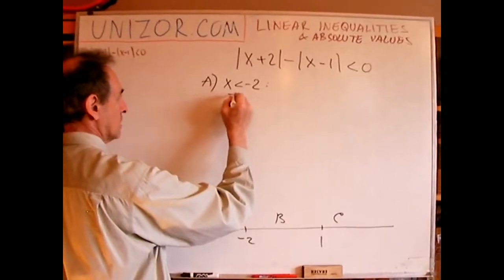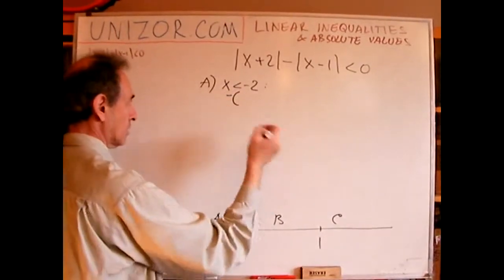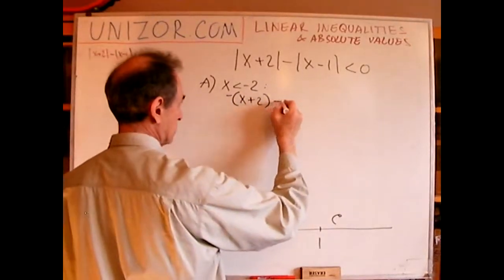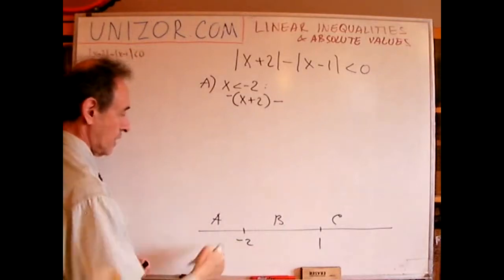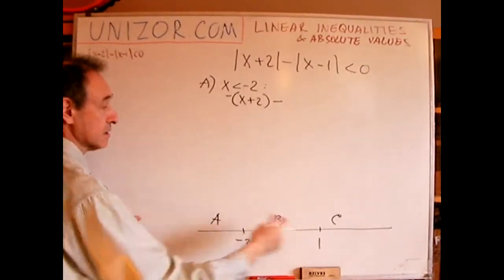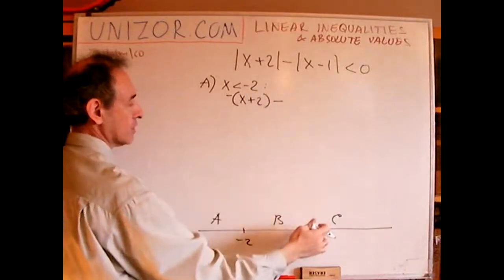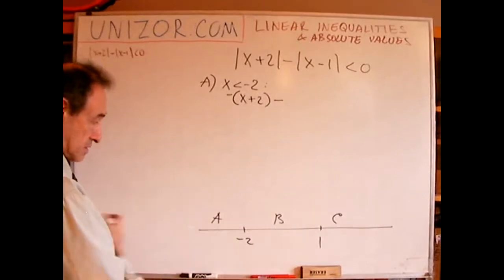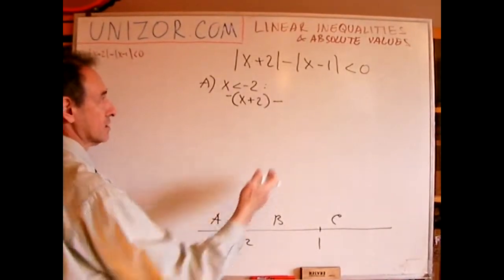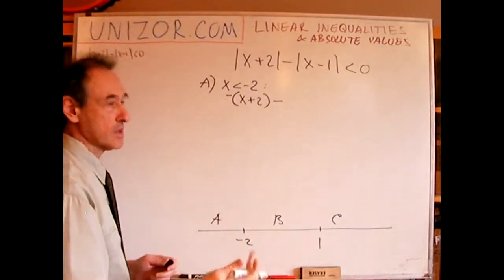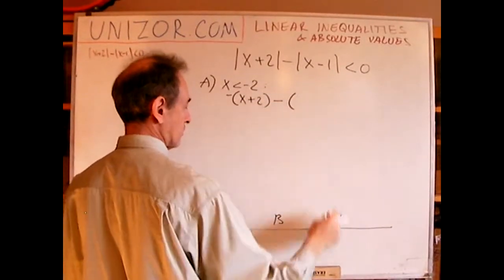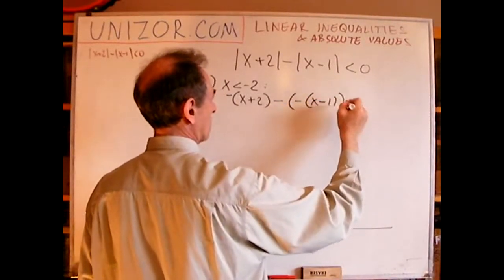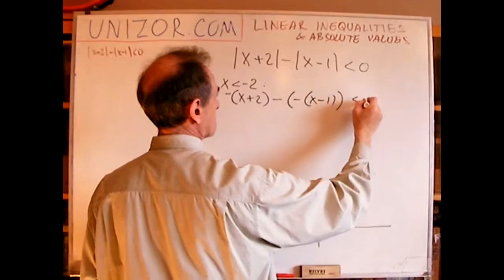So it would be minus, and now a regular parenthesis, x plus 2. Minus, what about x minus 1? Well, if I am in this area, it's still to the left of this one. This point is where the expression x minus 1 is equal to 0, and everything on the left, which means this as well, necessitates replacing the absolute value with a negation of this. So it would be minus x minus 1. And that should be less than 0.